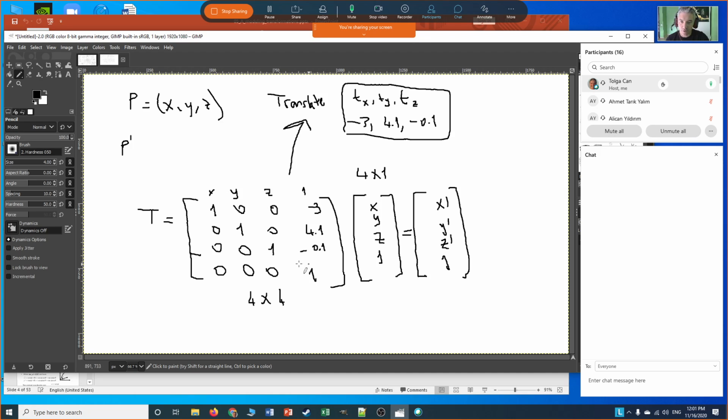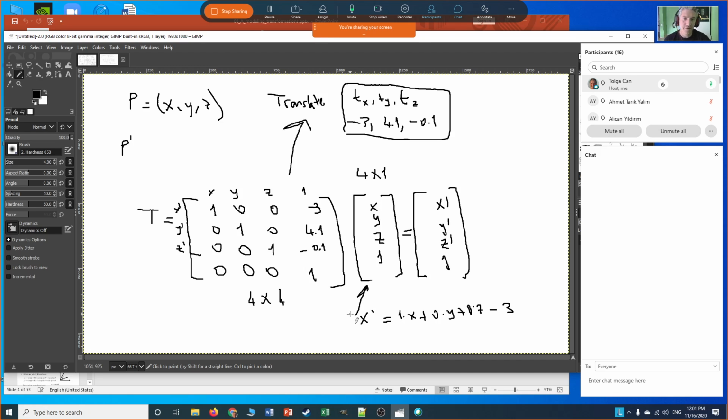Each row is a recipe for an individual coordinate of the new point. So x prime is 1 times the previous x coordinate plus 0 times the previous y coordinate plus 0 times the previous z coordinate minus 3. This is how you find the new x prime coordinate.